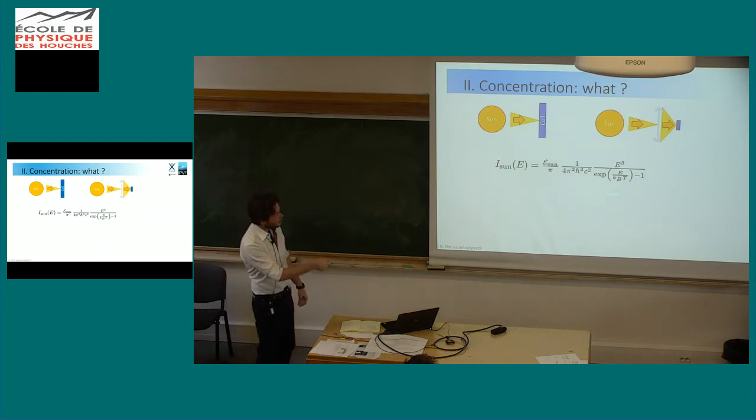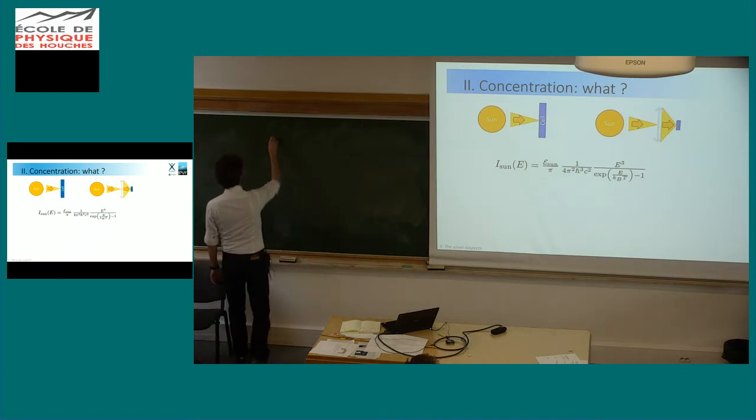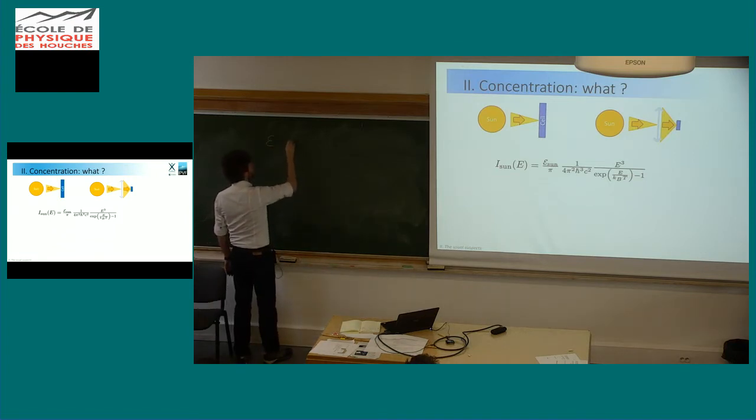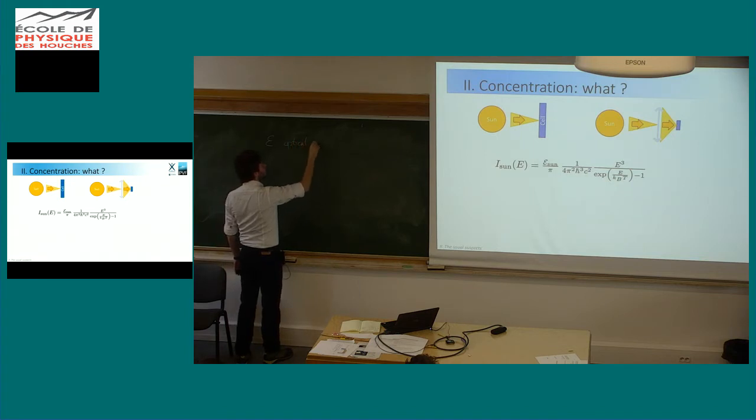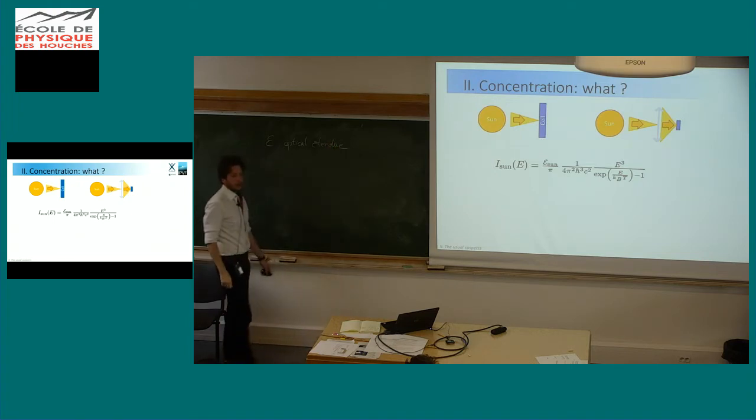This here is the black body radiation for the sun, which is received by the cell. I want to highlight this term here, this quantity, which is called the optical étendue. Usually, you see it written as the solid angle. And it is not. It is not the solid angle. It really is the optical étendue. Now, what is the difference?